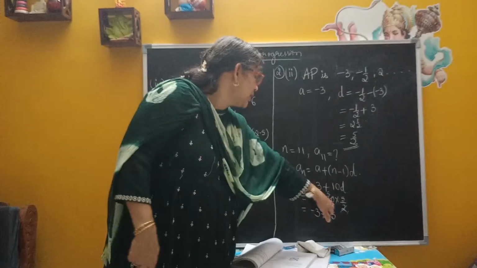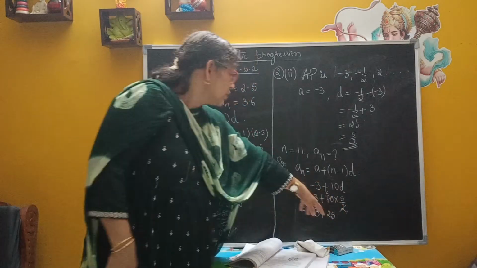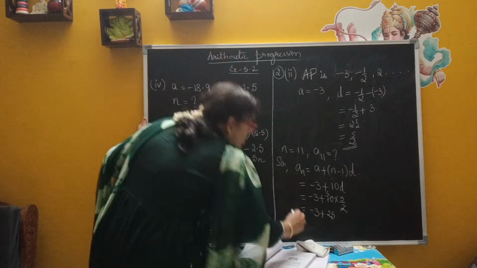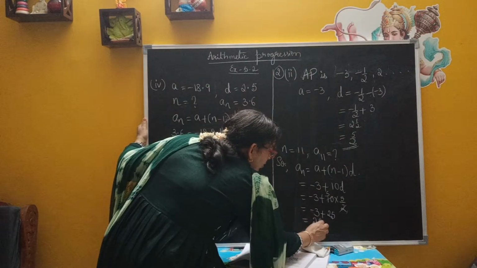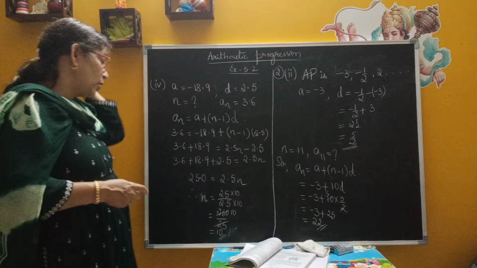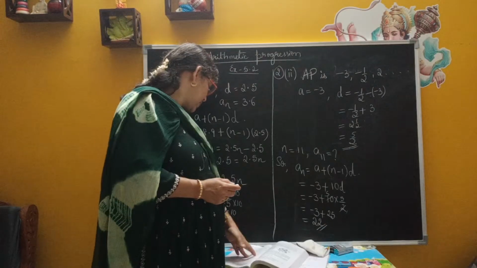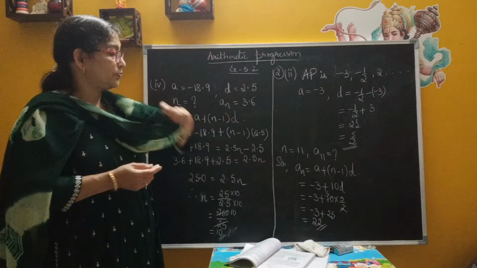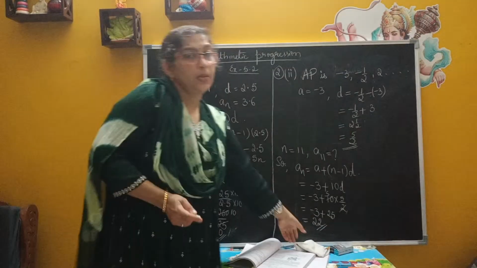Here there is no denominator, so it is by 1. 2 ones are 2, 5 fives are 25. 25 minus 3 is 22. So the 11th term is 22. Which is the correct option? Option B has 22, so option B is the correct answer.